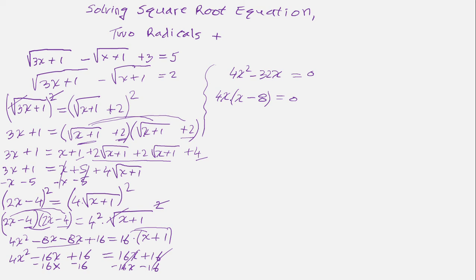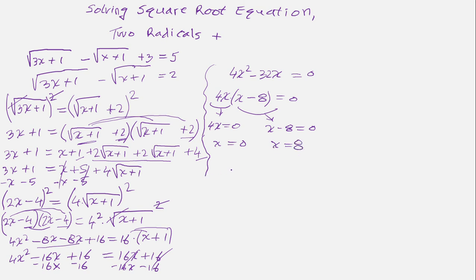And now we just set each factor equal to 0, which means 4x equals 0, and x minus 8 equals 0. From here we get x equal to 0, and from here we get x equal to 8.